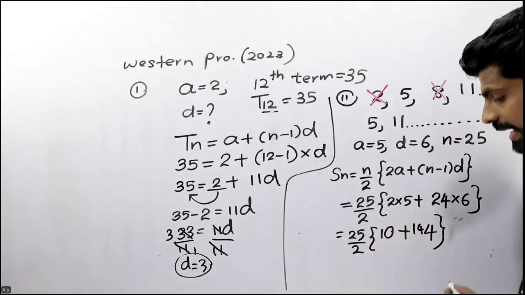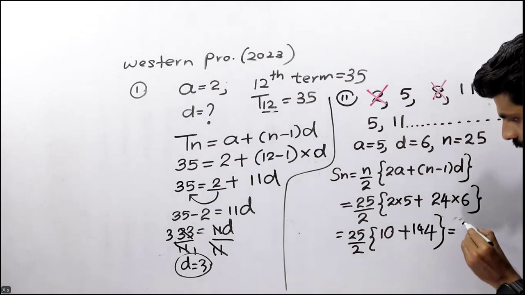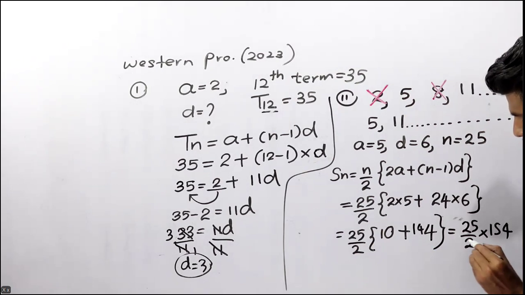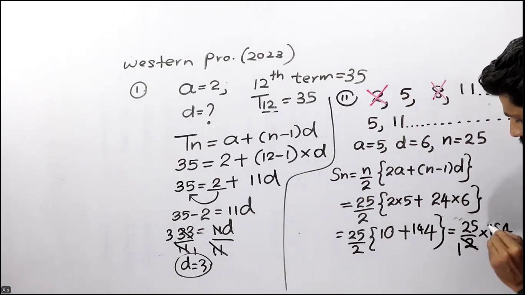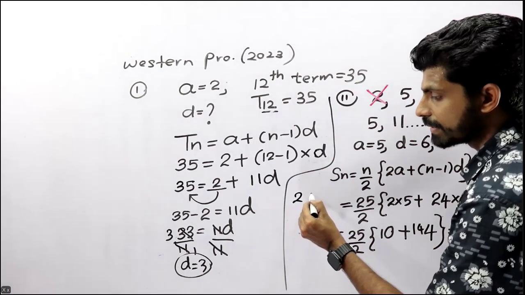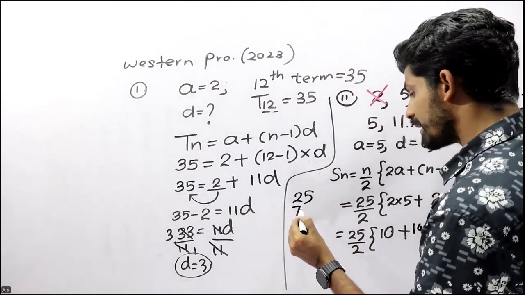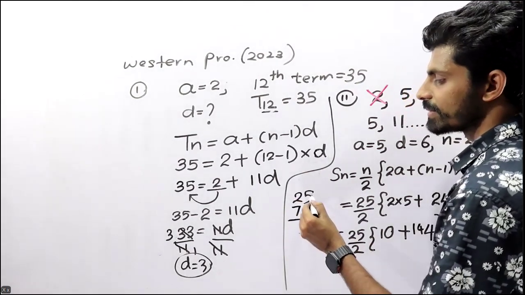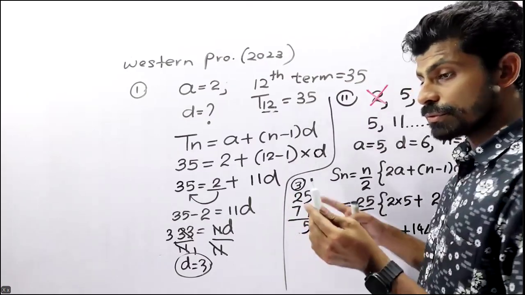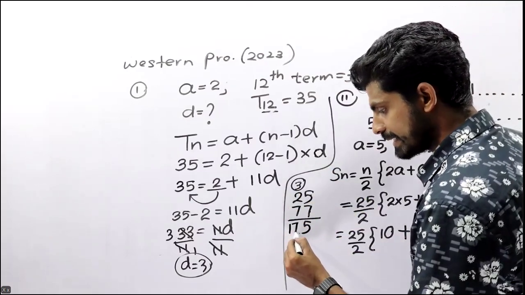144 plus 10 is 154. 25 divided by 2 multiplied by 154. 154 divided by 2 is 77. So 25 multiplied by 77. 7 into 5, 35, remaining 3. 7 into 2, 14 plus 3, 17.